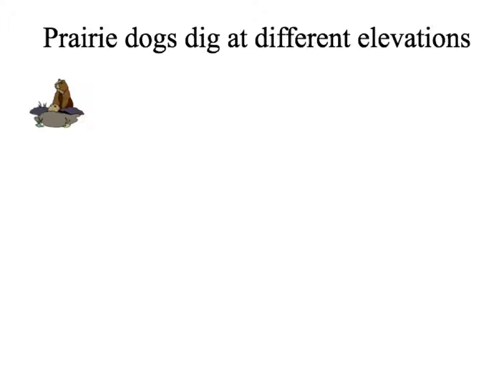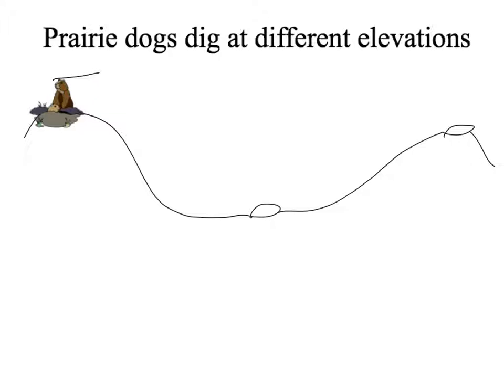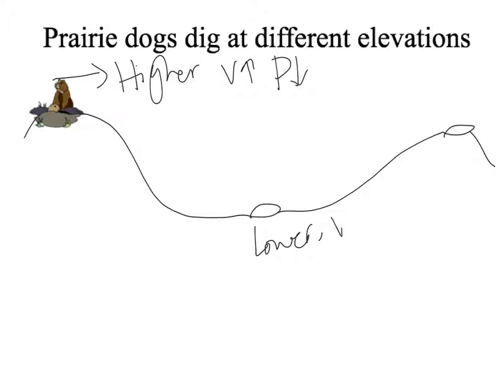Okay, prairie dogs. This is a prairie, so very windy. But prairie dogs will build different holes at different elevations. Why? Okay, again, high elevations, faster winds, low pressure system. Lower elevations, a little bit slower winds, and just a regular, a little bit higher pressure.